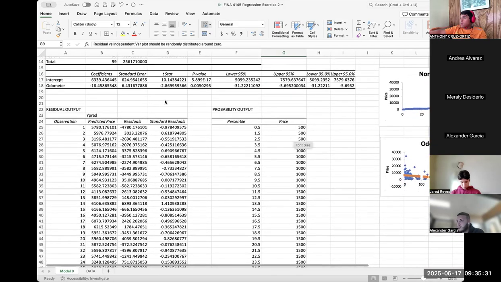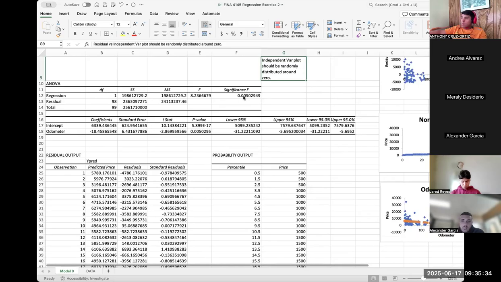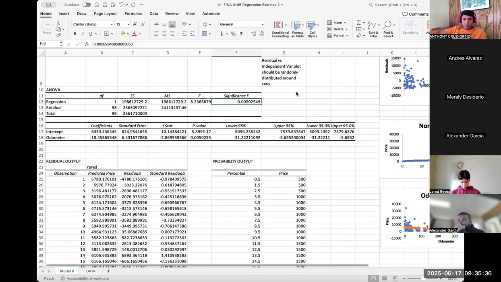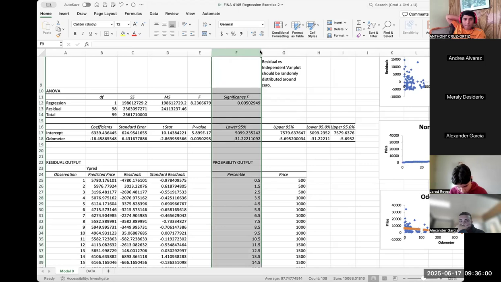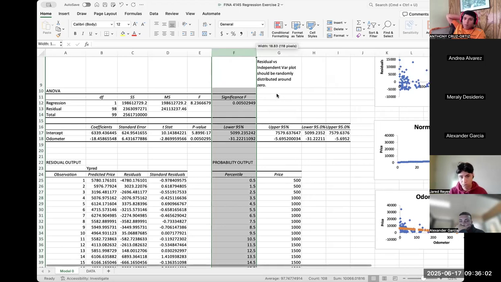Okay, let's interpret here. So what about this? How do we interpret this? This is the F statistic. What are we testing for? I believe you're testing for how significant the results are, right? Are they reliable or confident? What does it mean though? What is the F test?